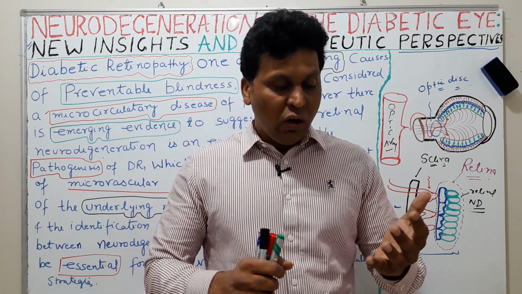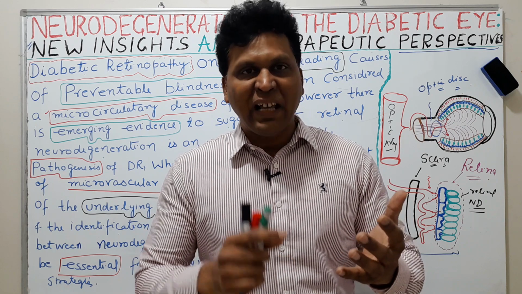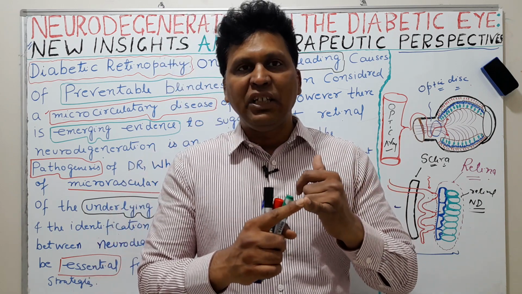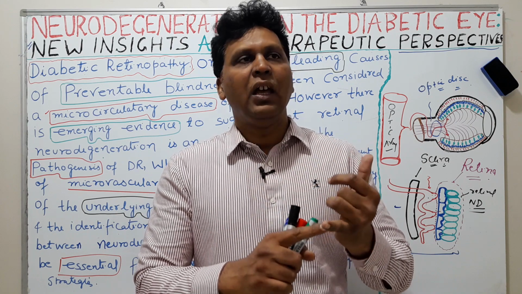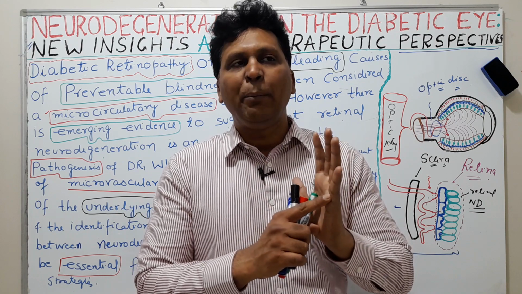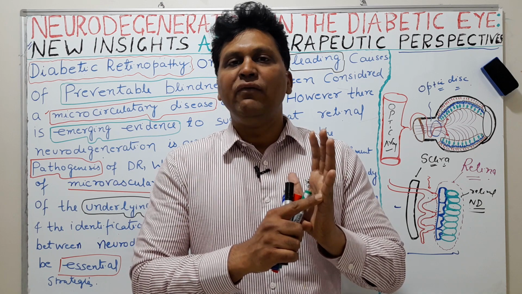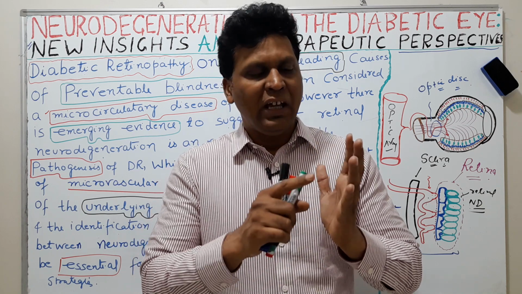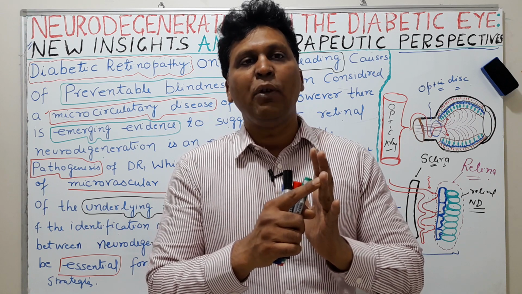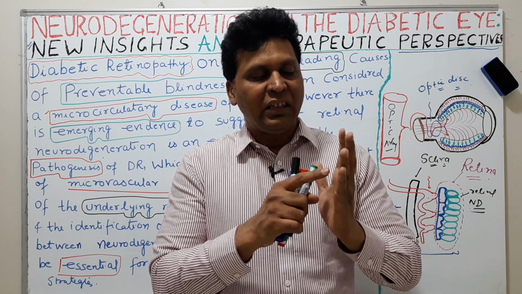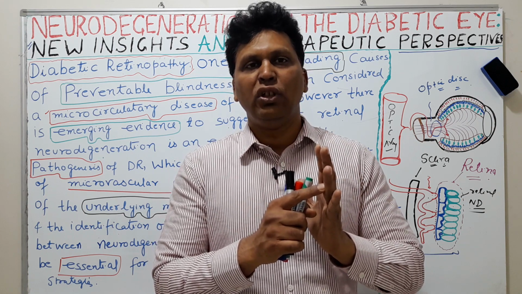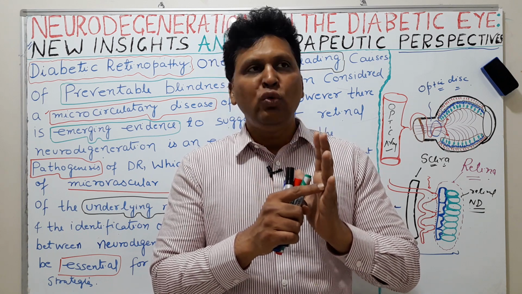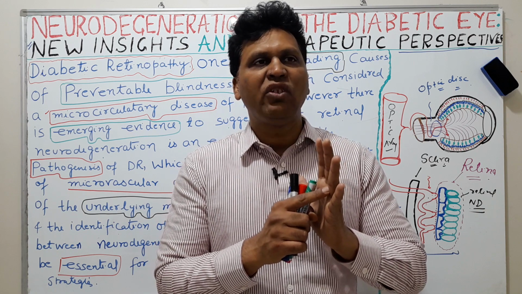Okay, so now let me summarize it. What we have learned: what diabetes is, what diabetic retinopathy is, and what preventable blindness is, in which the blindness can be avoided or mitigated with the right help at the right time. Then microcirculatory disease, talking about the blood vessels in the retina. Therapeutic perspective and new insight mean new understanding, and a new way, angle, or overview in treatment or therapy.